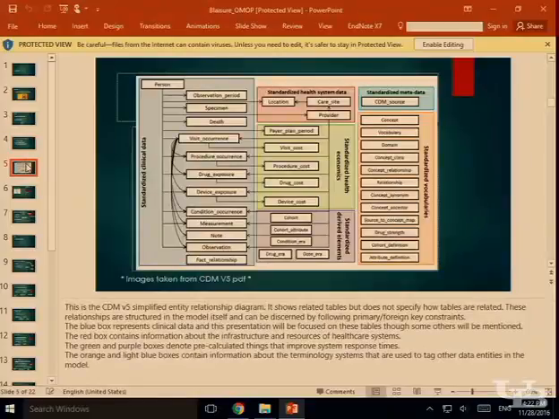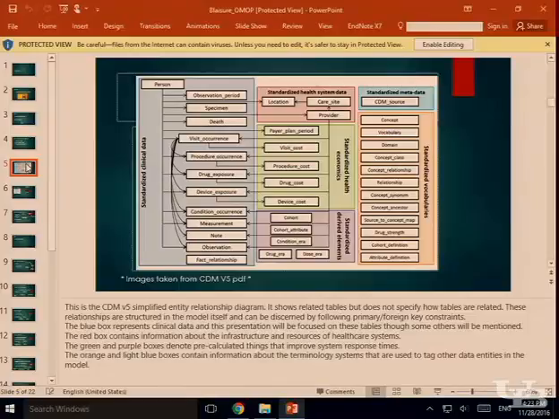This is an entity relational diagram of the data model, specifically version 5, taken directly from the documentation. It shows tables that are related, but not necessarily how they're related. The blue box represents the clinical data that we'll be taking a brief look at today.